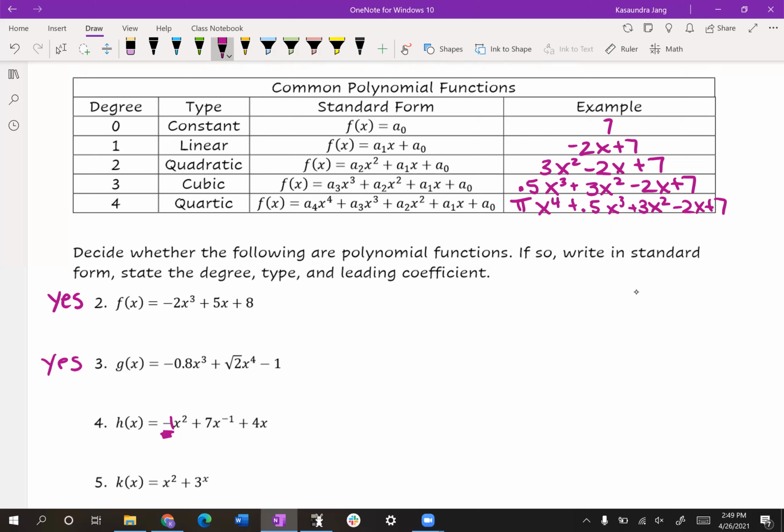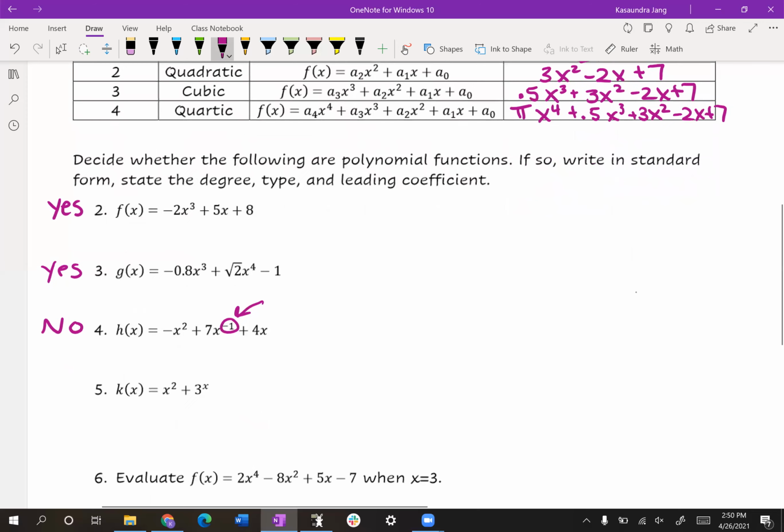Negative 1, I know they didn't write the 1 there. Got a 7, got a 4. Okay, so the coefficients are fine. Exponents are supposed to be whole numbers, which I think they are, except for this one's a negative. So for that reason, this is causing a problem. My answer on this one is no, it is not a polynomial because of the negative exponent.